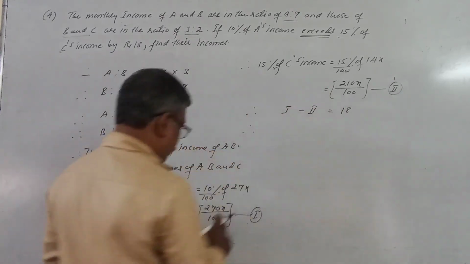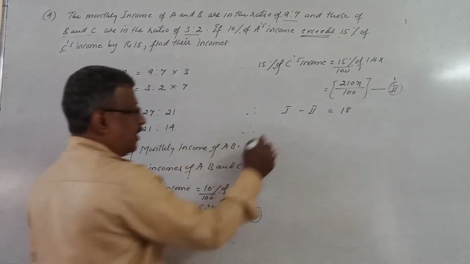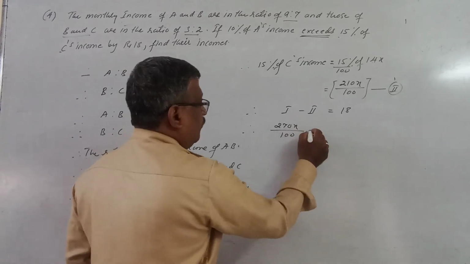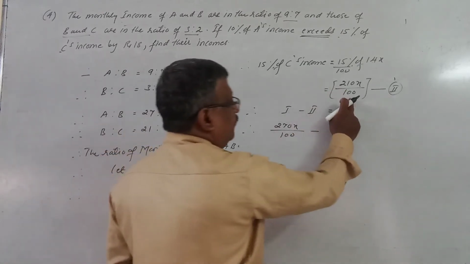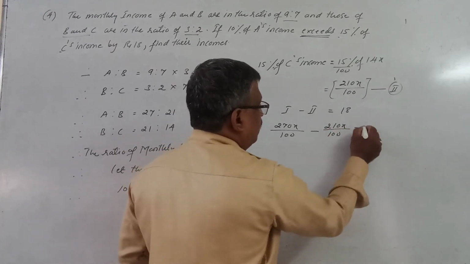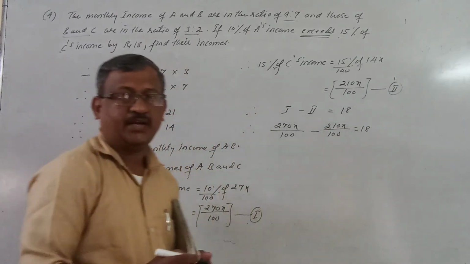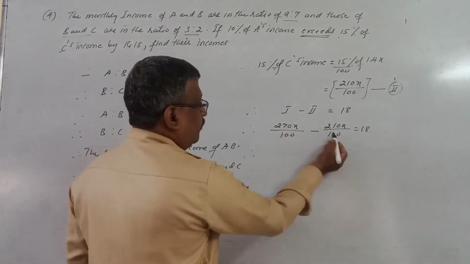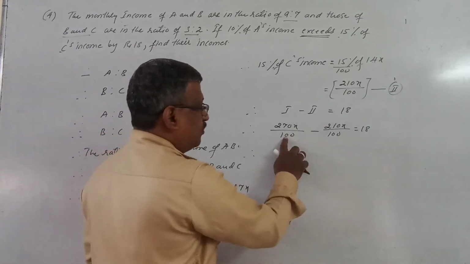My first equation is 270x divided by 100. From this you subtract the second equation, 210x divided by 100, equals 18. Clear? Now I can subtract very easily because the denominator is the same.